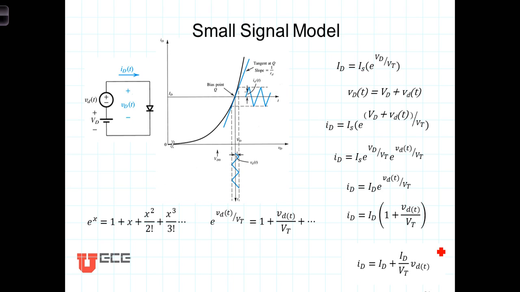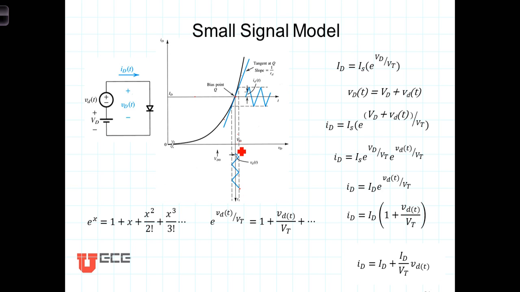Now, there are applications where a diode is biased to operate at a certain point in the forward bias region of the diode curve at the DC values of V sub D and I sub D. So we're talking about a point well within the operating region of the diode, where that point is defined by some DC voltage V sub D and a corresponding DC current I sub D. And then superimposed on this DC voltage, we're going to have some small variation as a function of time.